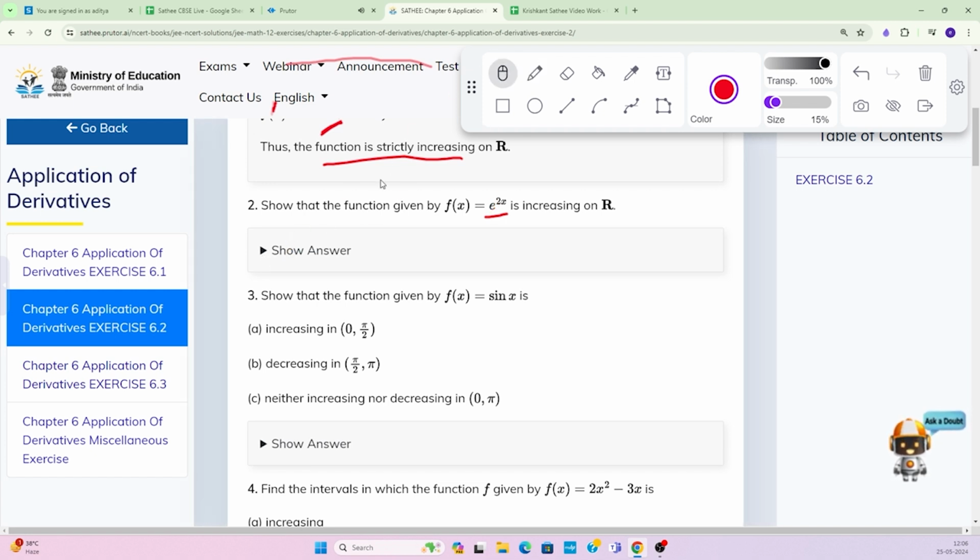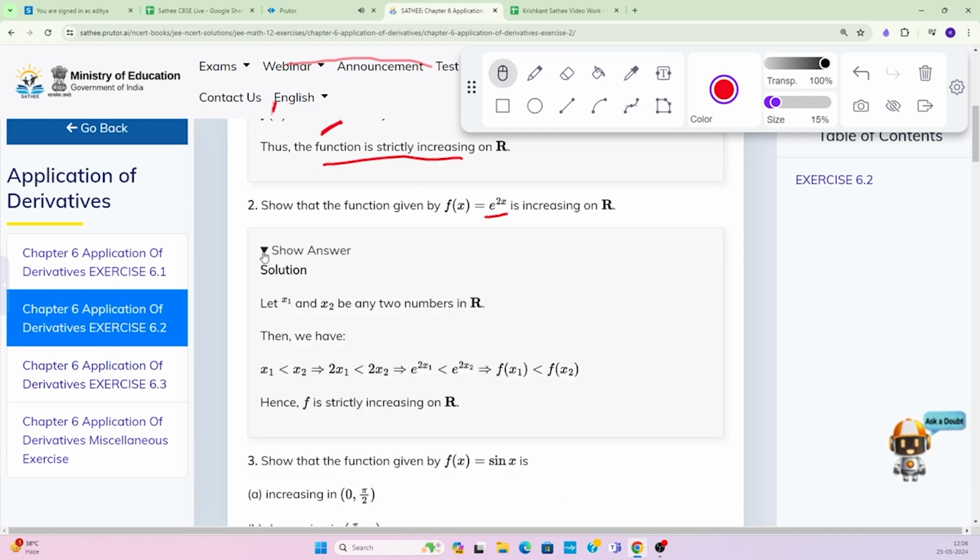I'll be giving you the solution using derivatives. f dash will be 2 times e power 2x. And we know the output of e power x will always be positive, so this means it is increasing using this method.